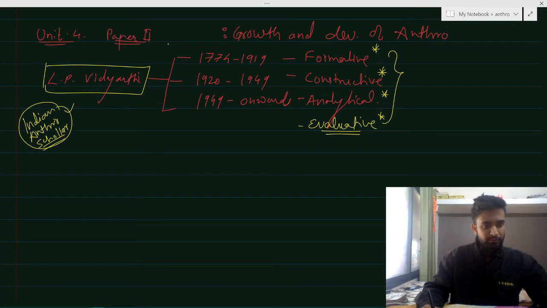Now, as you people know, anthropology was something given by Britishers, and Britishers wanted to be a good colonizer, and they wanted to reduce the resistance. The best way to do that is by understanding the people, what our beliefs are, what are the things that we fear, what are the things that we expect.